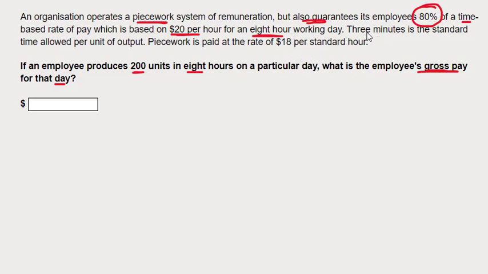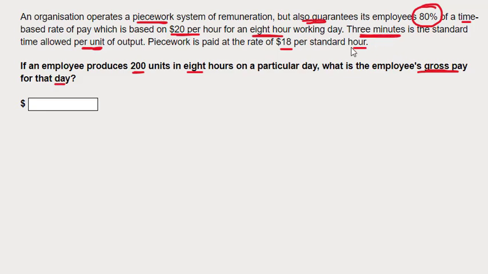And then we're told, what about the piecework? Well, the piecework is they get 3 minutes to make each unit. Oh, that's quite quick, isn't it? Not very long they get to make each unit. And the piecework rate is based on 3 minutes per unit at a rate of $18 per hour. Oof, that's fiddly.